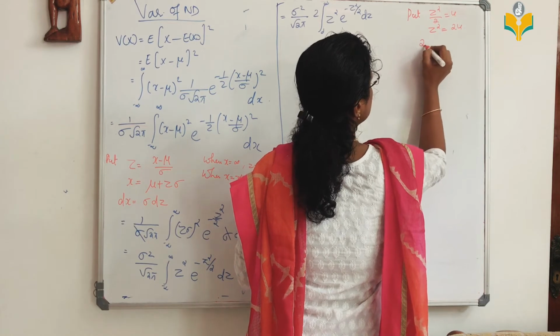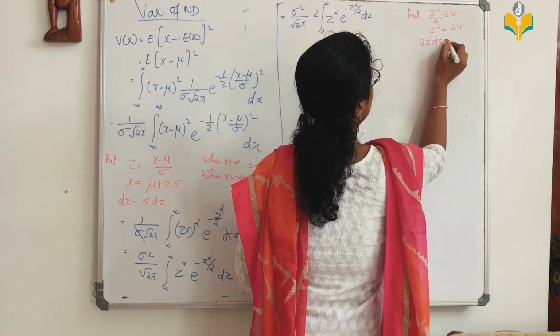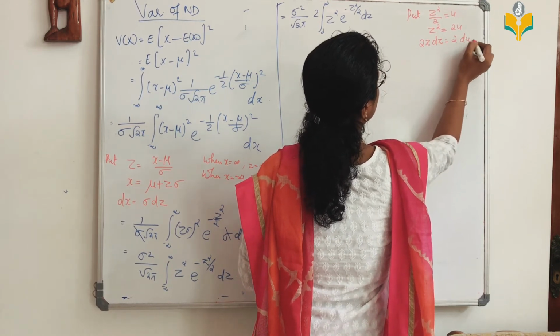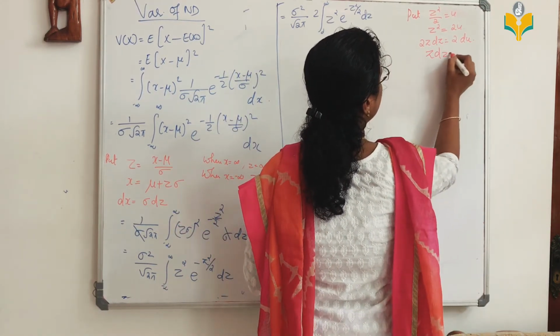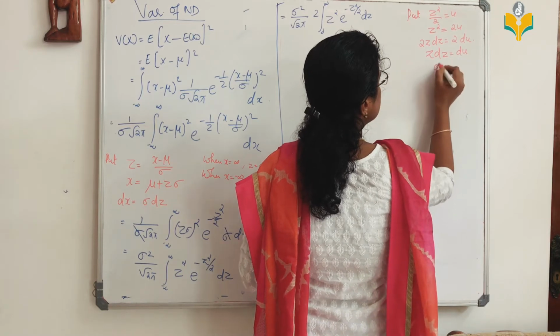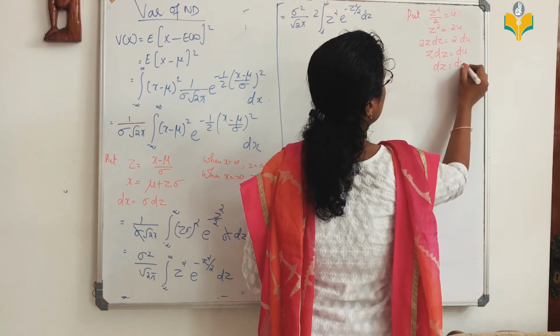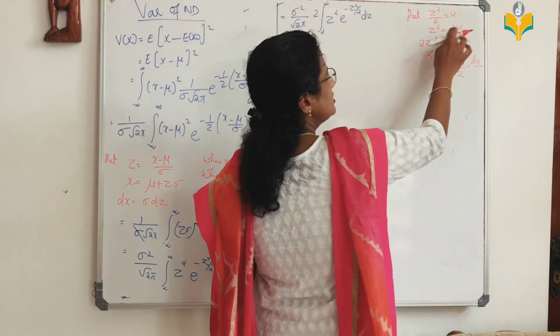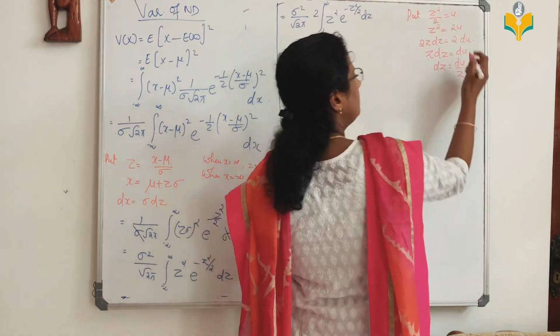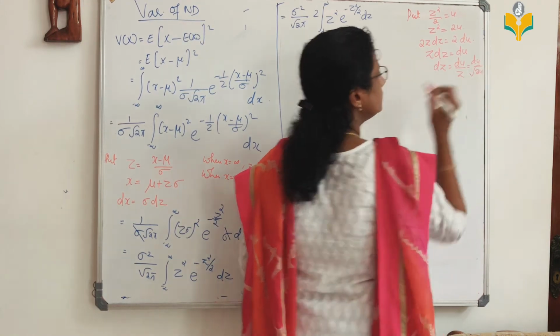For differentiating, 2z dz equal to 2 du. 2 and 2 will be cancelled. z dz equal to du. dz equal to du by z. Instead of z, we can write z square equal to 2u. So z will become root 2u.